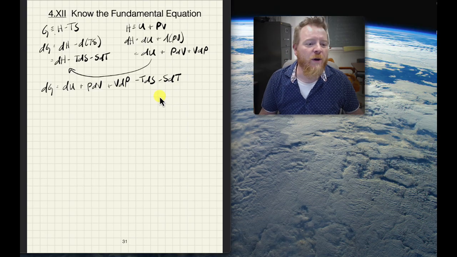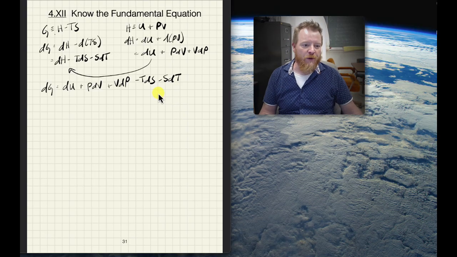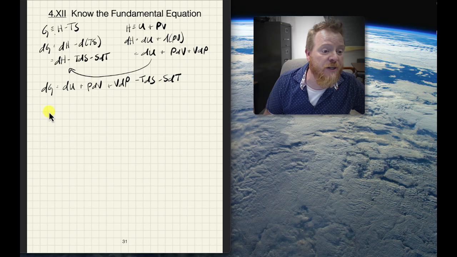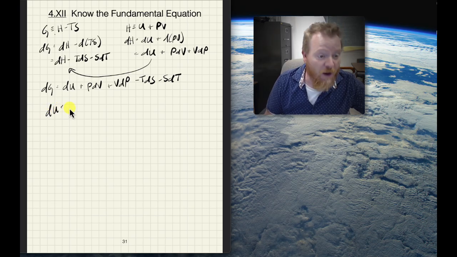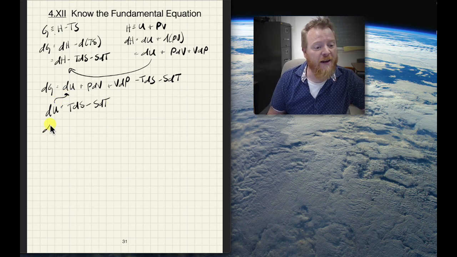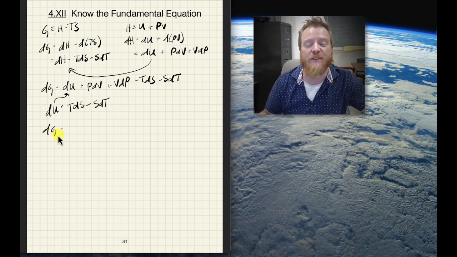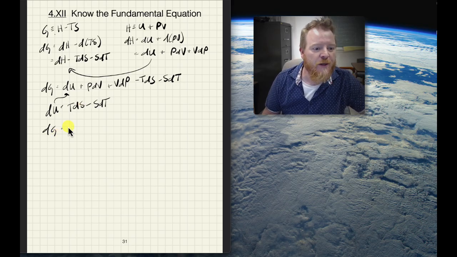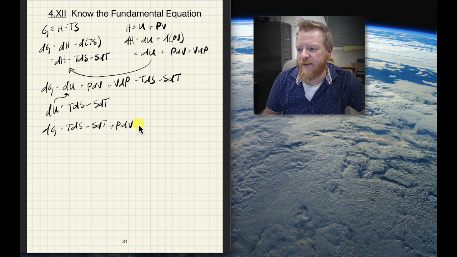Now we also remembered from the fundamental equation that dU also equals T dS minus S dT. So plugging that in, you can tell that this is important stuff when we're plugging in everything we know into the same equation. So now we get T dS minus S dT plus P dV plus V dP.